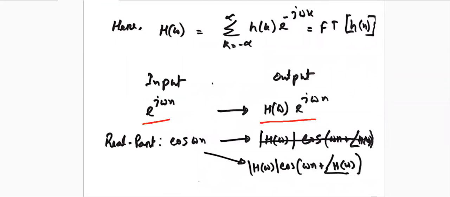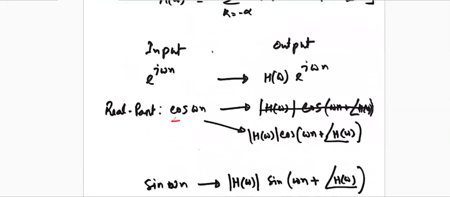Now, if we talk about only the real part, then of course we have the output like this, where we have the magnitude, and from the cos we have omega, the phase part. So consider the amplitude of this signal. The amplitude of the signal is 1. And the output should be the amplitude of H(omega), and then the amplitude from the cos omega is 1.